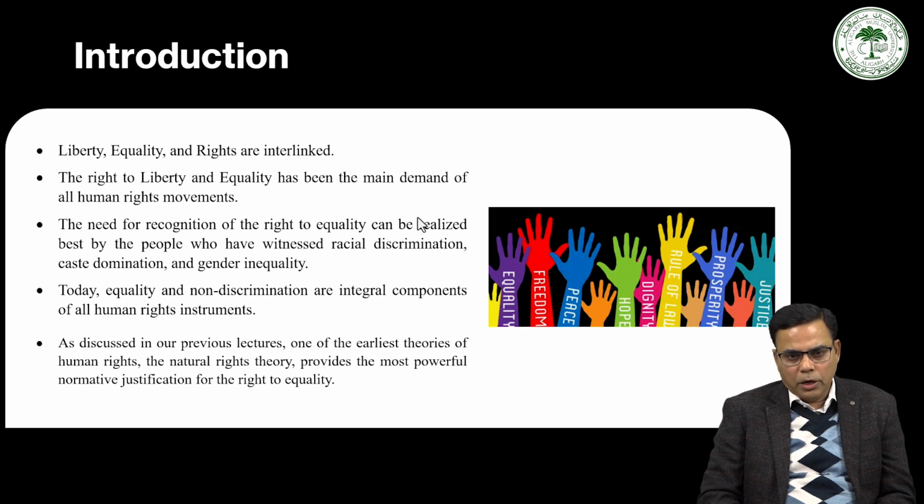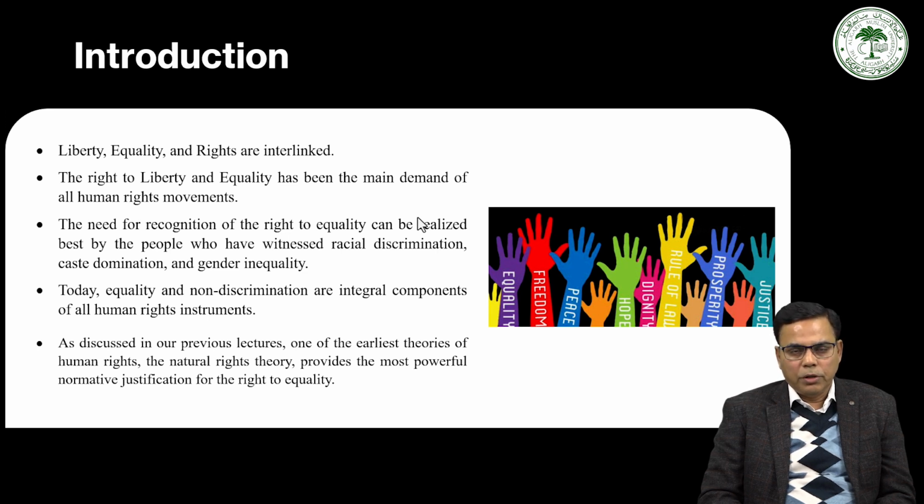The right to liberty and equality has been the main demand of all human rights movements. So you will find that right to liberty and equality has been the most important demand of all human rights movements all over the world. So that is why, when the people were claiming either against the colonial rule or against the imperialist powers, they were claiming freedom at that time.